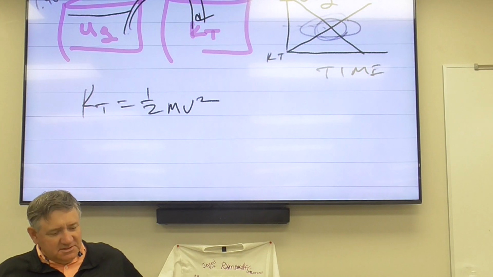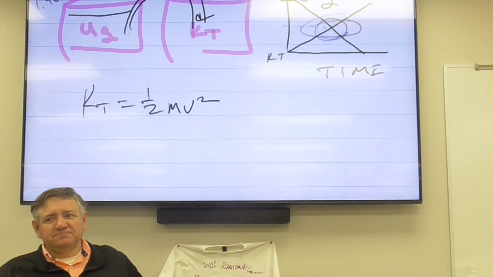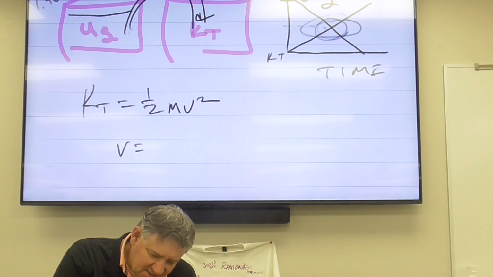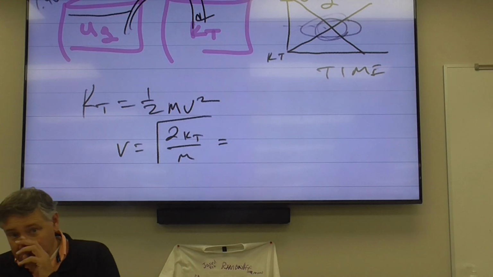Yes. So, Preston, solve that for velocity. The square root of 2k over mass. Beautiful. So, velocity is the square root of 2k over mass. Good old algebra.